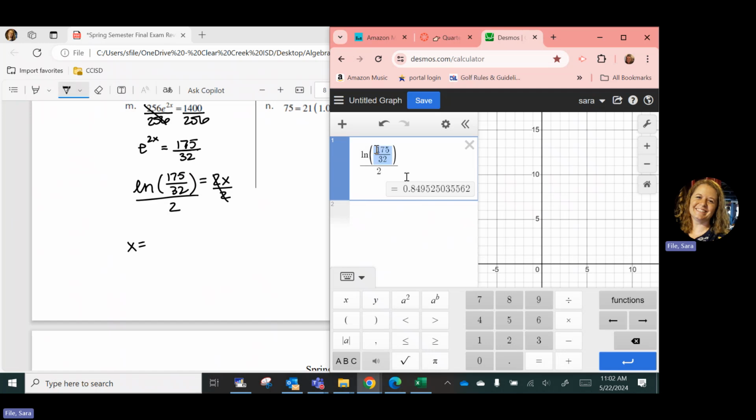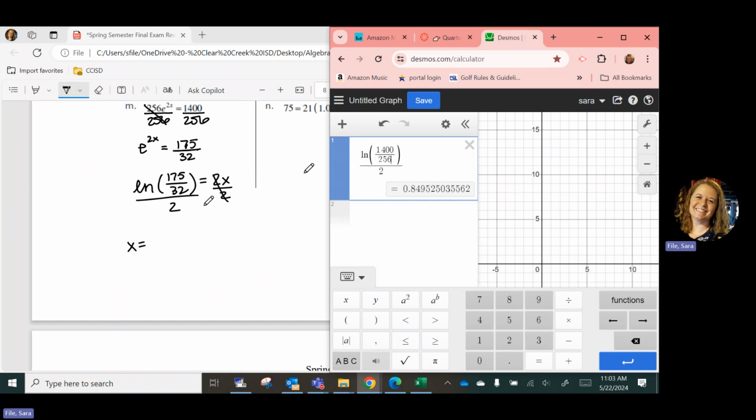And look, if I had left this as the original without reducing, it's still the same decimal, approximately 0.85. So the calculating will be done by Desmos or the calculator for you, but you do have to be able to isolate and rewrite from exponential to log form.